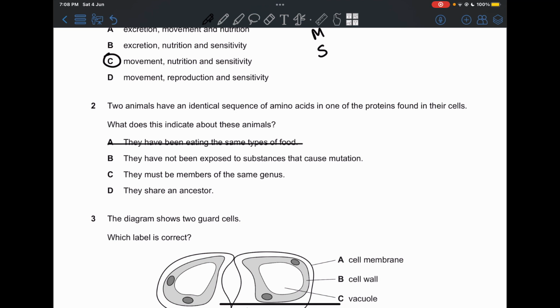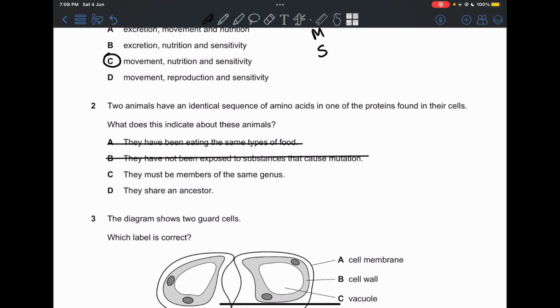Because everyone has different DNA, so of course the base sequence will change. And as we all know, of course, mutation is the change in DNA base sequence. Because everyone has unique DNA, nobody has the same DNA as another person. So the mutation will not be the same. So we can't be choosing B as well.